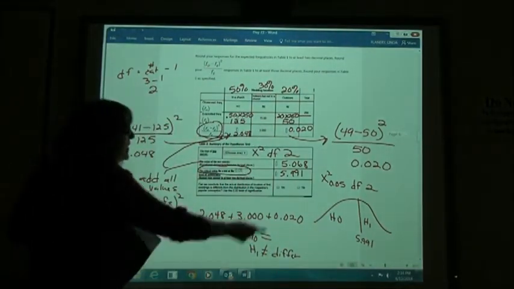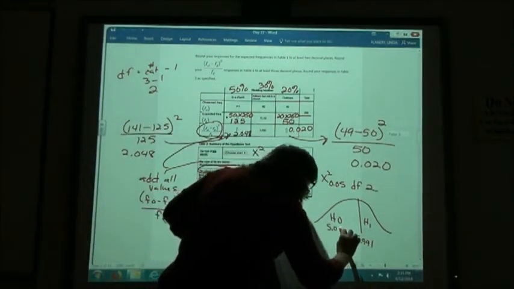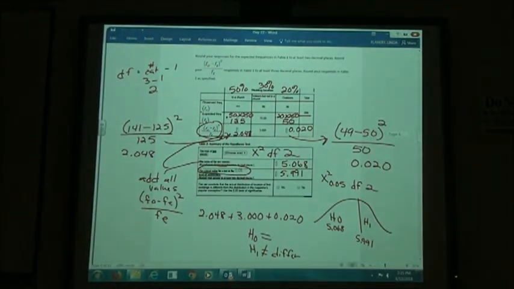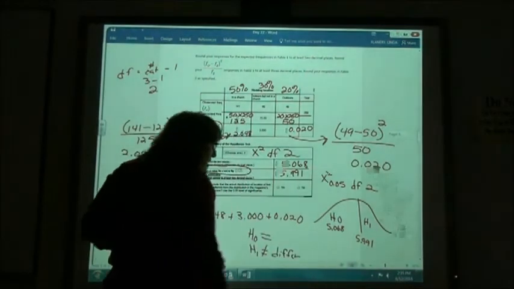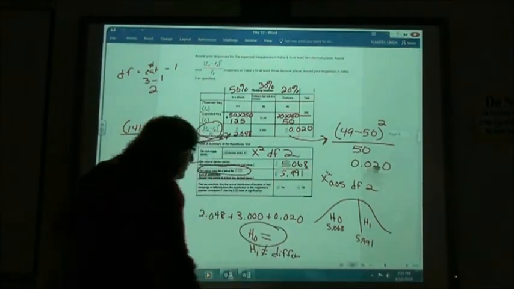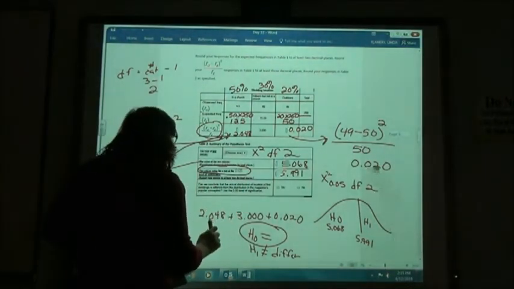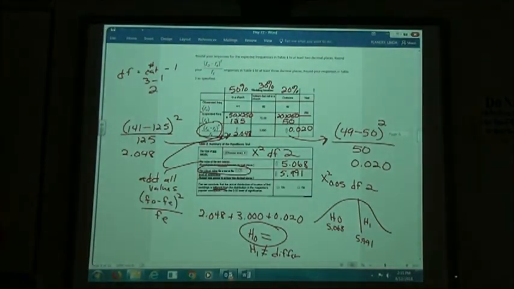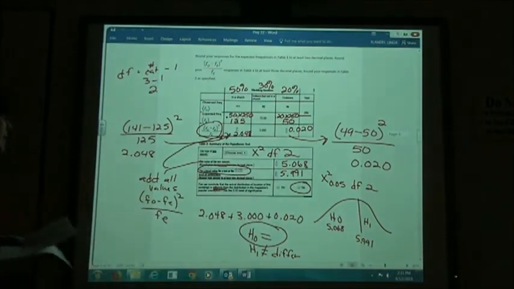Well, my test value is 5.068, which is smaller than 5.991. So I have to do the null because I'm in the section for the null. I have to say that it's equal. Can we conclude that the actual distribution is different? No, I have to say it's equal. It is not different. And so no, I cannot conclude that it's different from the distribution in the magazine.